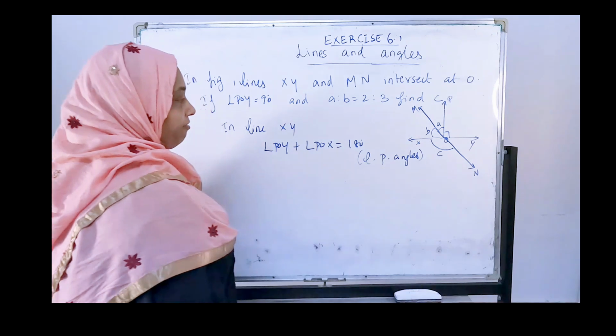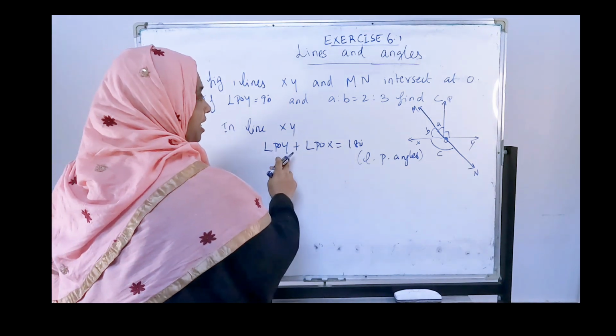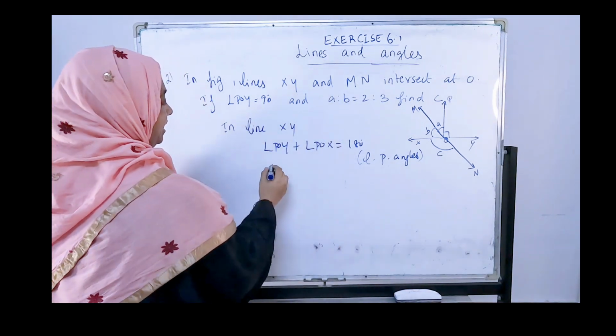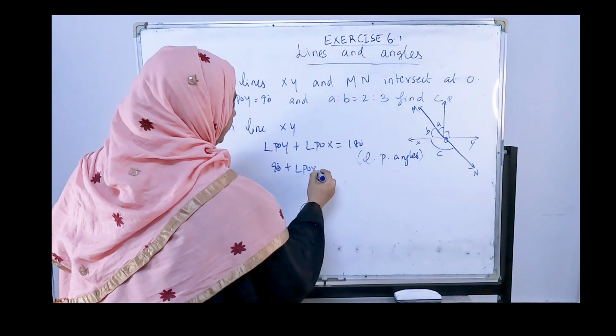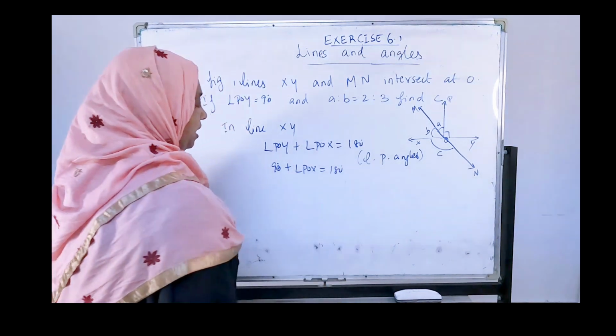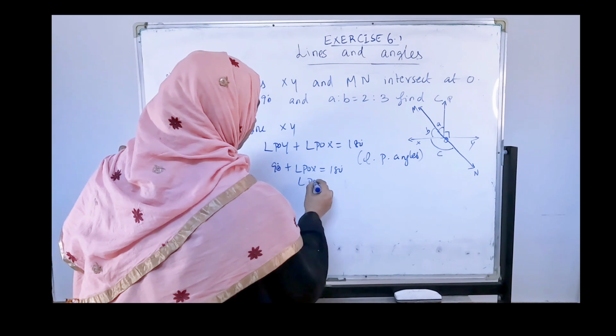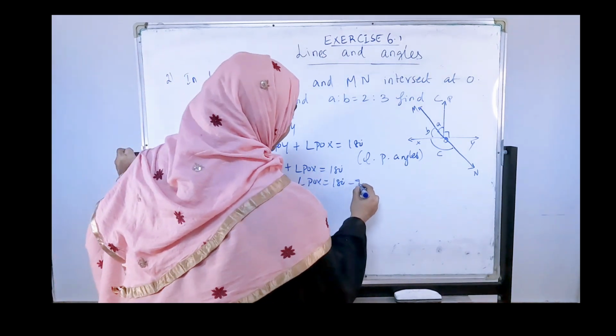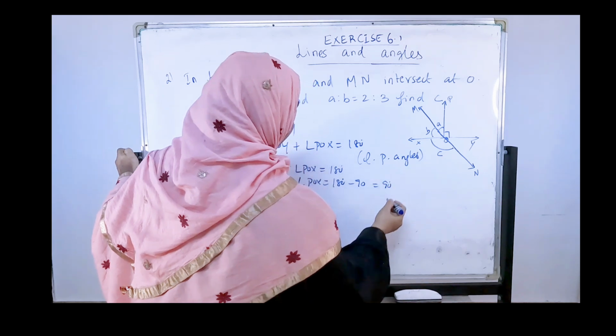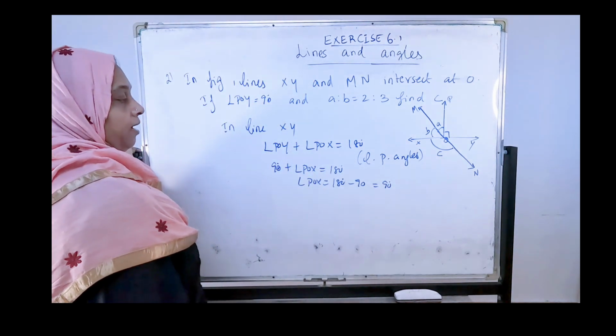POY they have given as 90 degrees, which we write, and POX is unknown. Now we want POX only. POX is 180 degrees, bring the 90 to this side, minus 90. So POX is 90 degrees.